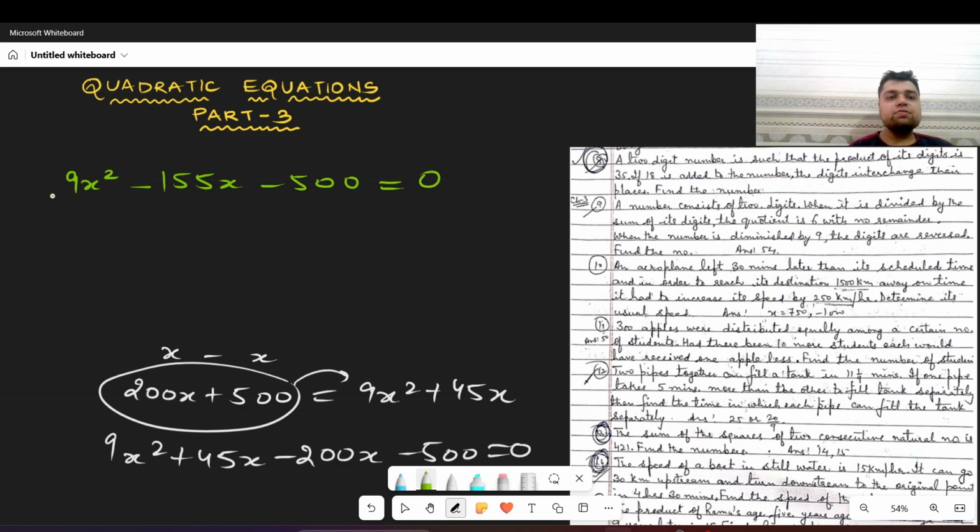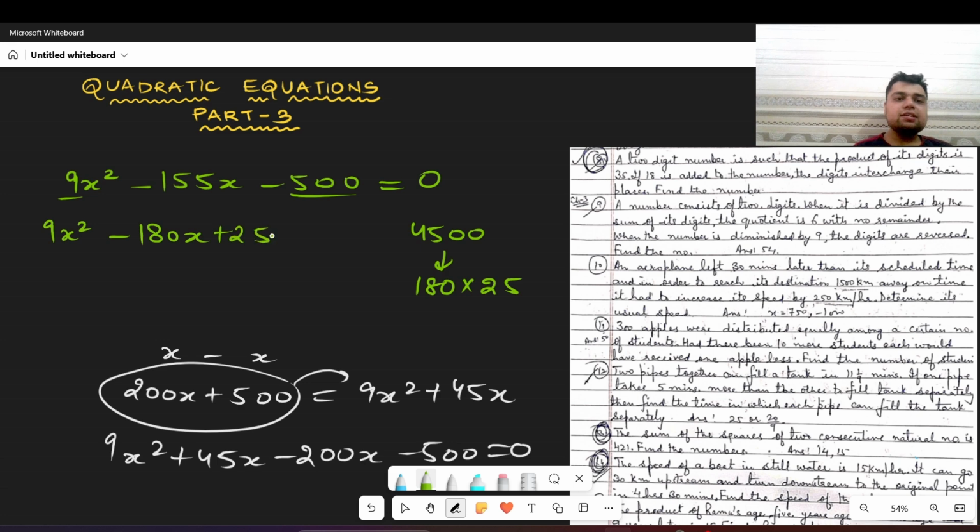So 9 times 500 is 4500. Now I can write it like 180 times 25. 25 twos are 100 and 9 fives are 45, and if we take the difference, it will be 155. So I can write it like 9x square minus 180x plus 25x minus 500 is equal to 0.